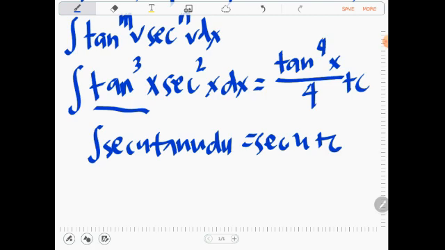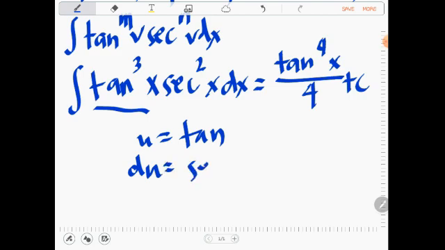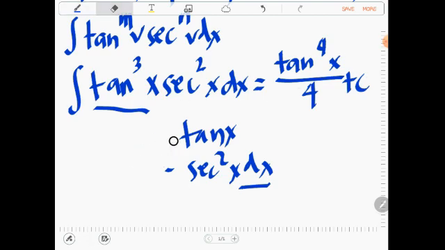Diba? Okay. So therefore, dito sa ating example na ito, if we have u as tan of x, then yung ating du for that is secant squared x dx.